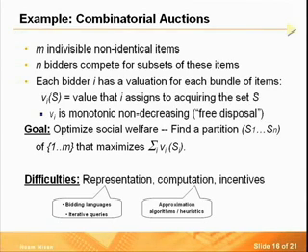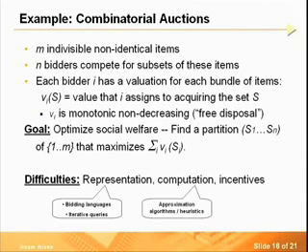Maybe a bidder has a common budget, so he can't just take everything. Maybe he needs 2 adjacent spots in order for it to make sense. There are many kinds of things. In general, the formalization is that each bidder i has a value for every possible set of items S. And we're assuming that these values are increasing as you get more items, which is very natural, but nothing beyond that.